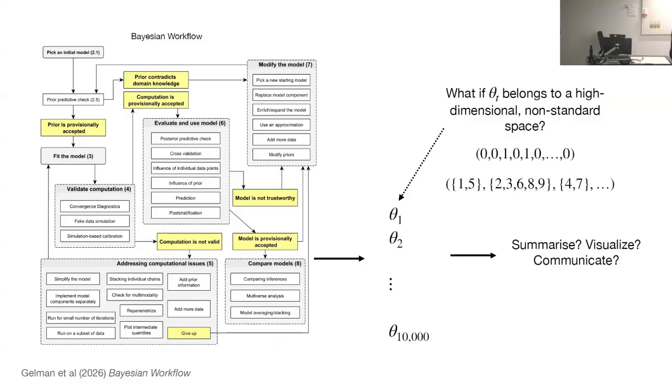In particular, I'm going to focus on cases when these parameters or quantities of interest belong to some high-dimensional, non-standard space. Typically, I'll be looking at examples on discrete spaces, so we might have binary vectors, partitions, or things like that.